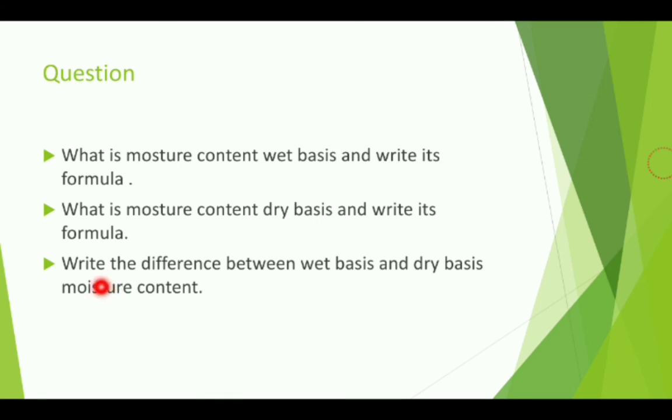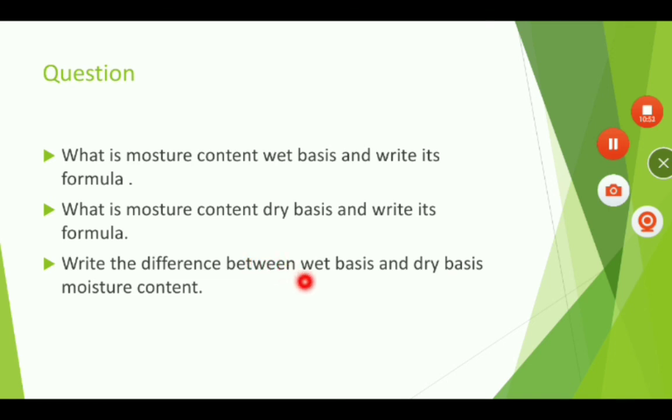Now question number 3, write the difference between wet basis moisture content and dry basis moisture content. The first difference is that in wet basis moisture content, in the denominator we consider the total product sample, while in dry basis moisture content, in the denominator we consider the weight of dried product.